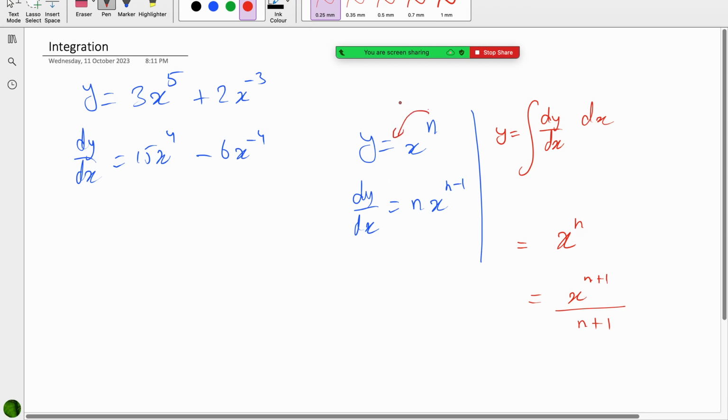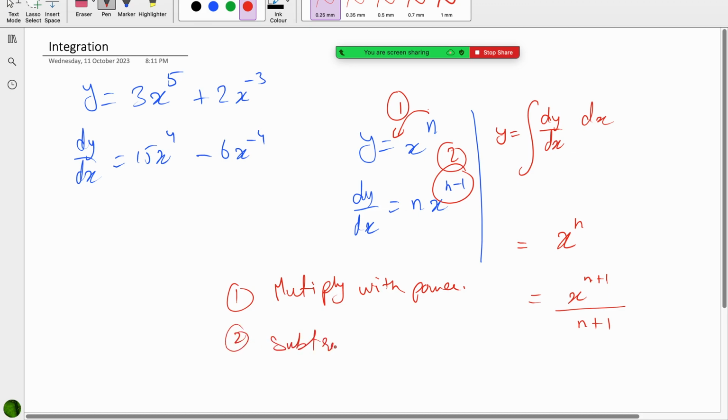Step 1 in differentiation was to multiply with the power. Step 2 was to subtract 1 from the power.